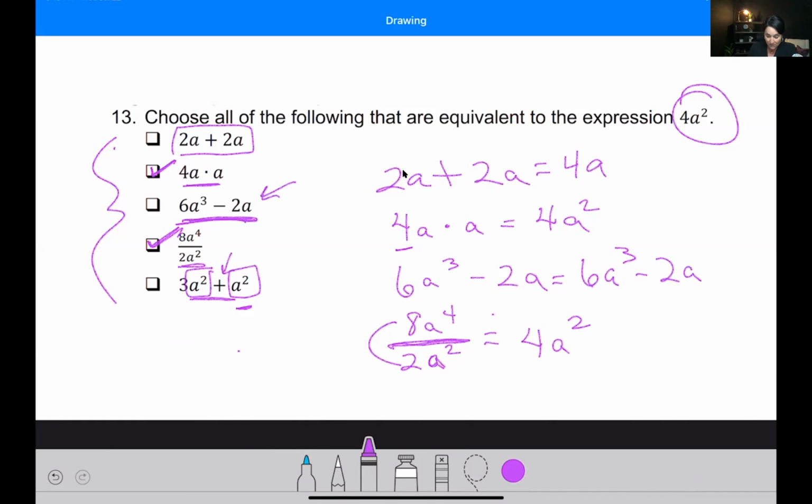All you're doing is taking 3 a squareds and adding another a squared, which gives you 4a squared. What you're essentially saying here is a squared, a squared, a squared, that's 3 a squareds, plus another one, a squared. Well, how many a squareds do I have? 1, 2, 3, 4, equals 4a squared. All right, so you would check the last box as well.